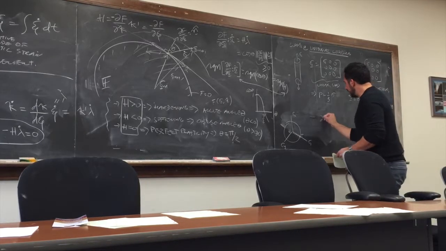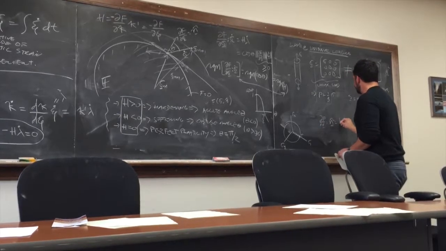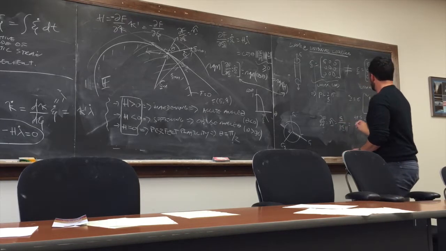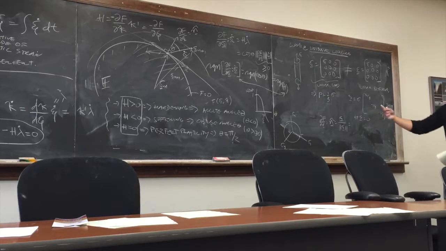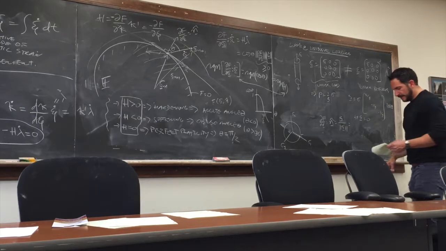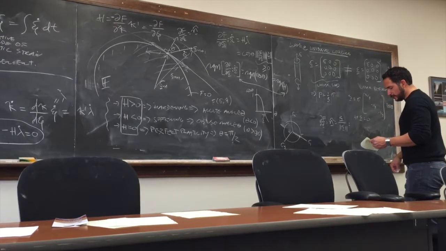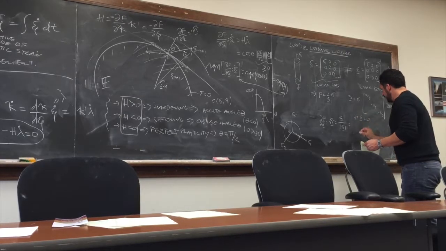Then df over d sigma, which we're calling n hat, is S over its norm. We just take the norm of this, we normalize S by it, and I just want you to believe me.